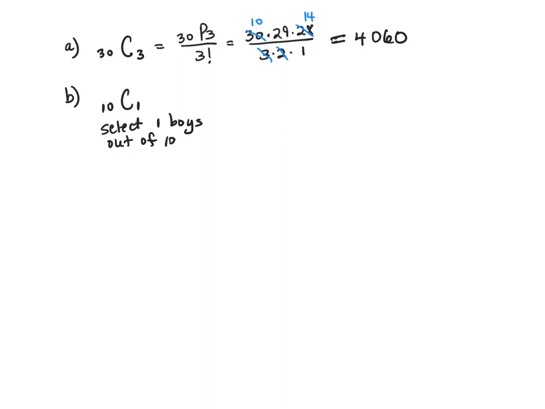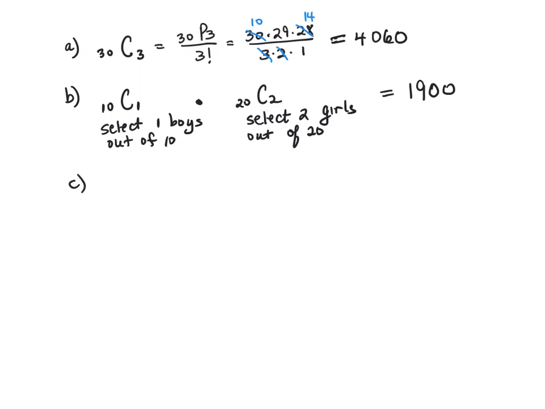And to find the number of ways to select 2 girls out of 20 is 20C2. Okay. Then by the counting principle, we multiply these results. So this would be our answer. I'll leave the computation up to you. The answer comes out to be 1,900.